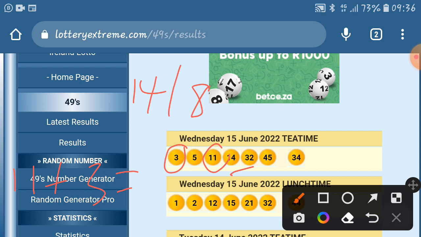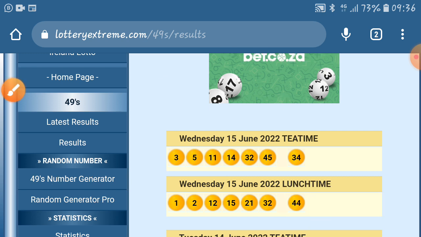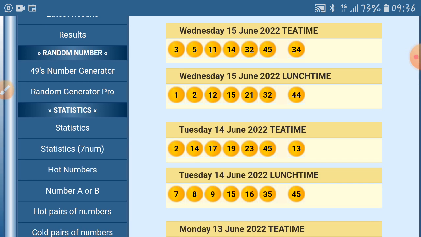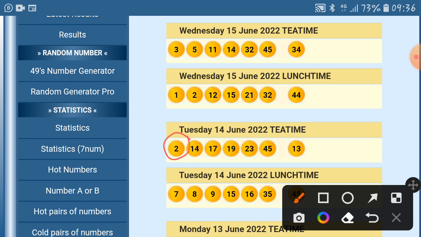Okay, that one is done. The next one is 2 and 19. 19 plus 2 equals 21. So it's the first ball and the fourth ball.